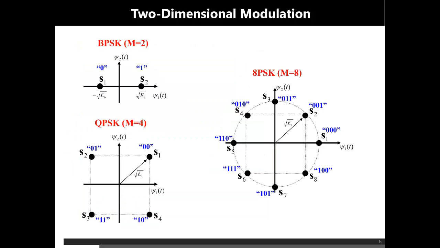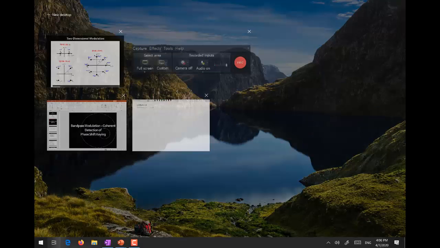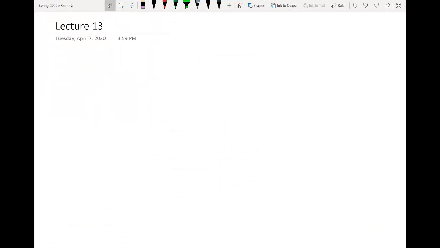Now, as an example, first of all, we talk about BPSK, which is binary phase shift keying, for which M is equal to 2.